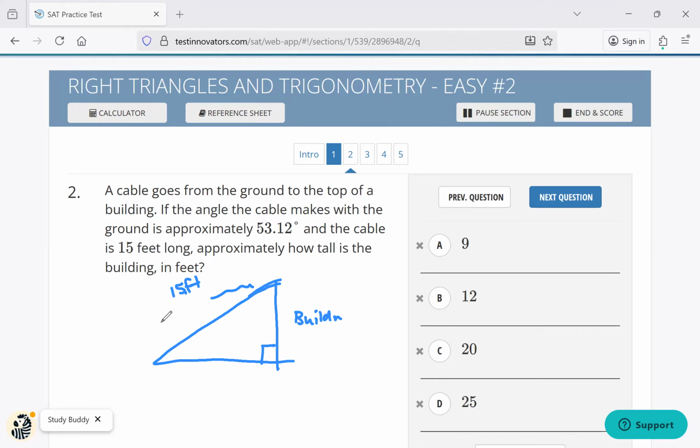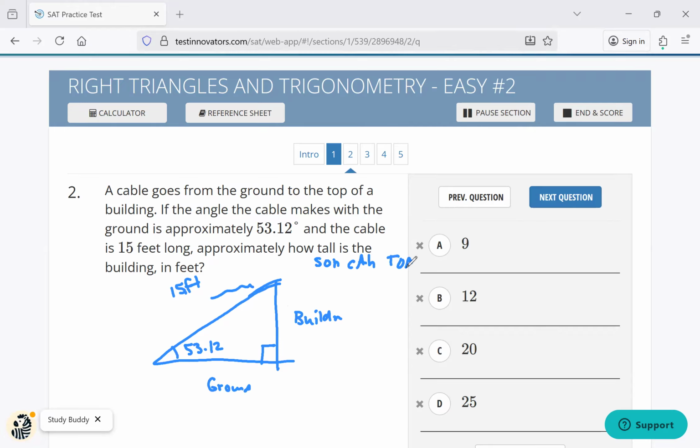And they're saying that the angle the cable makes with the ground is approximately 53.112, so here's the ground. I believe this is your angle, 53.112. How tall is the building? So here's the building. How tall is it? We're definitely going to use SOHCAHTOA.